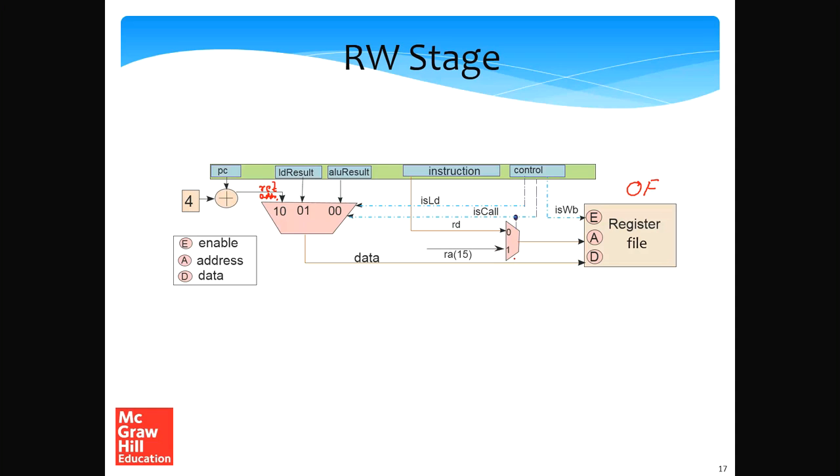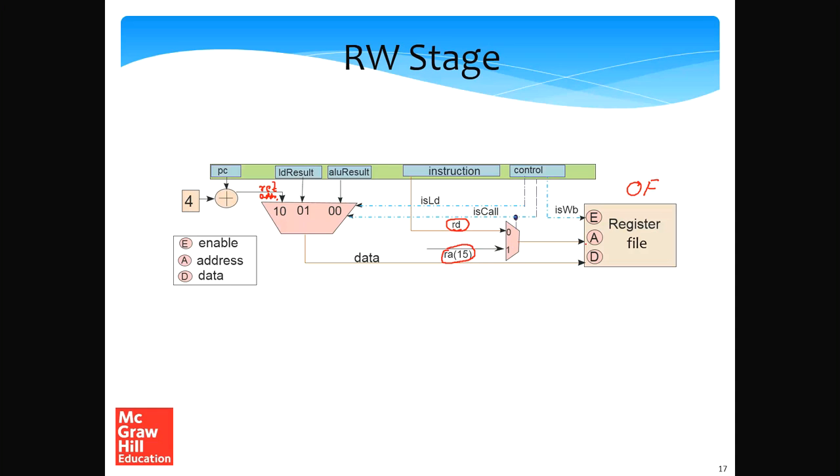Now we had one more multiplexer that chose between the RD field and the RA field, for the call instruction. So basically the is call control signal chooses between these two values, whether we write to a register destination or whether we write to the return address register, depending upon whether the instruction is a call or not, because a call instruction writes the address of the next instruction to the RA register.